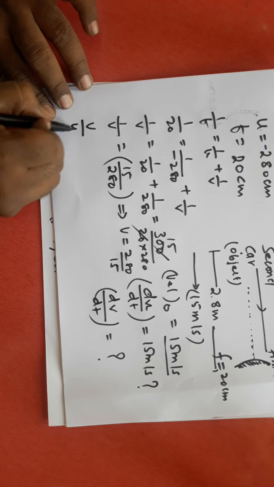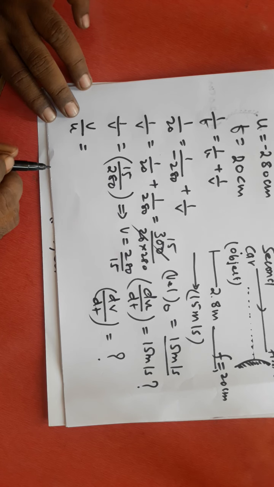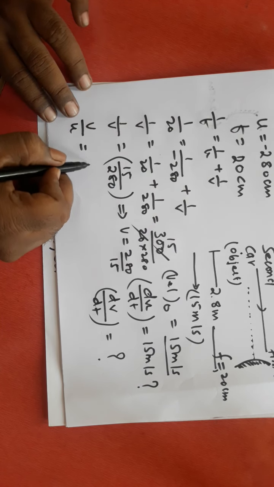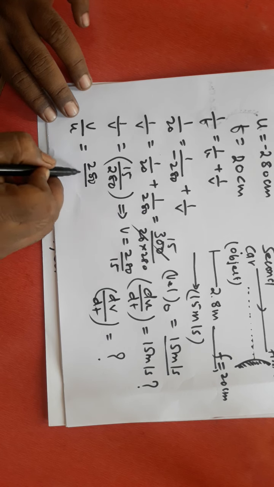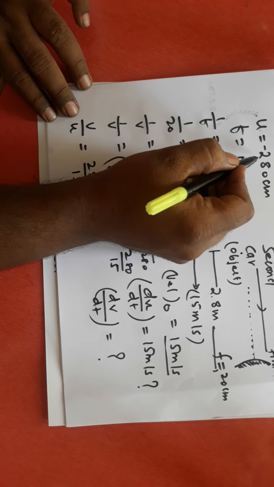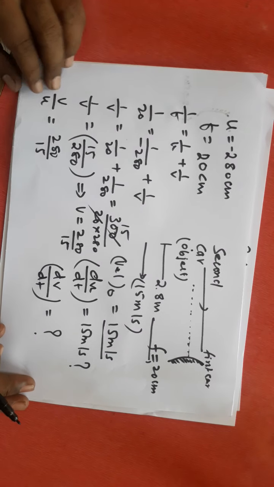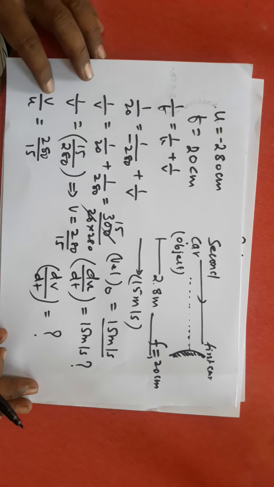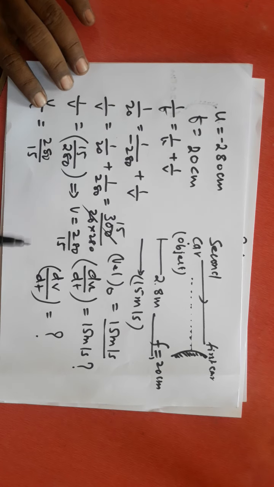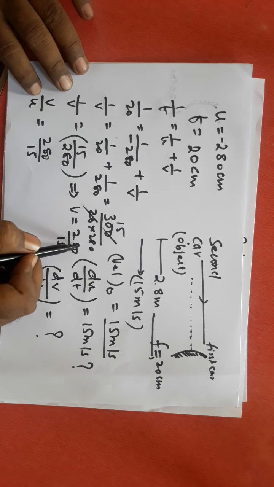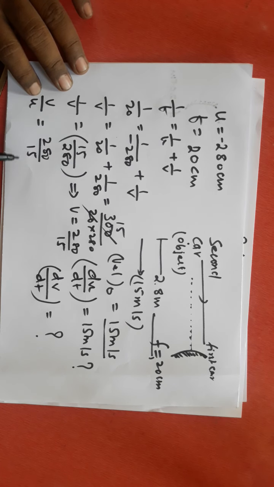Then the ratio v by u is 280 by 15 divided by 280, because u is 280. I can write it as 1 by 280. 280 and 280 will cancel. This will be 1 by 15. This is v by u.